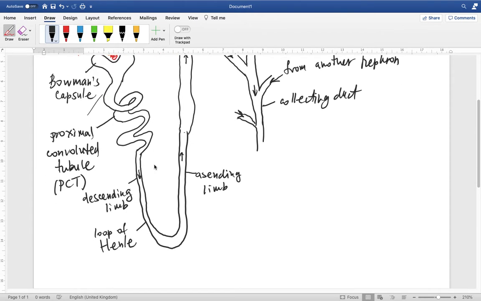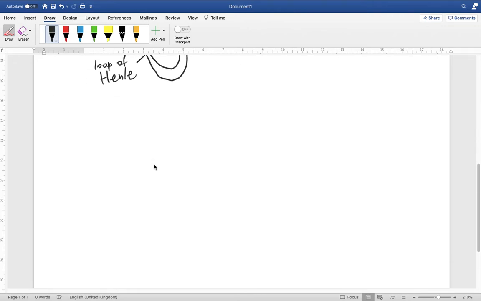So let's now start talking about individual structures. I'm going to start with the PCT, because that's where we're arriving first. So what's happening there? To understand that, we are going to go to another drawing. But in essence, the PCT is where the majority of the substances are going to get reabsorbed. So the majority of reabsorption takes place.